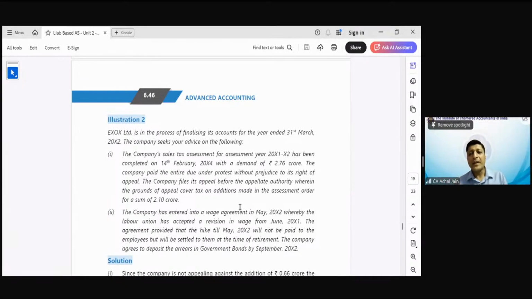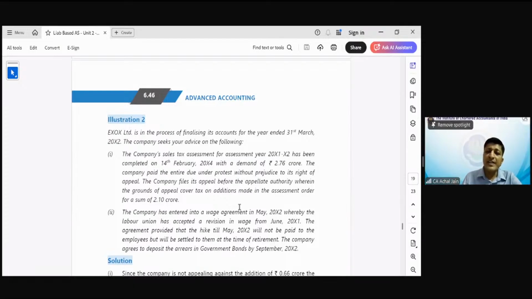So between the company and the union, there's a labor union, let's suppose. You understand what is a labor union? Yes, sir. A labor union is a body which will discuss a lot of requirements and rights of the labor. So they have agreed and entered into a contract. What did they decide? That there will be a revision in the wages of labor starting from 1st June X1 up to 31st May X2.